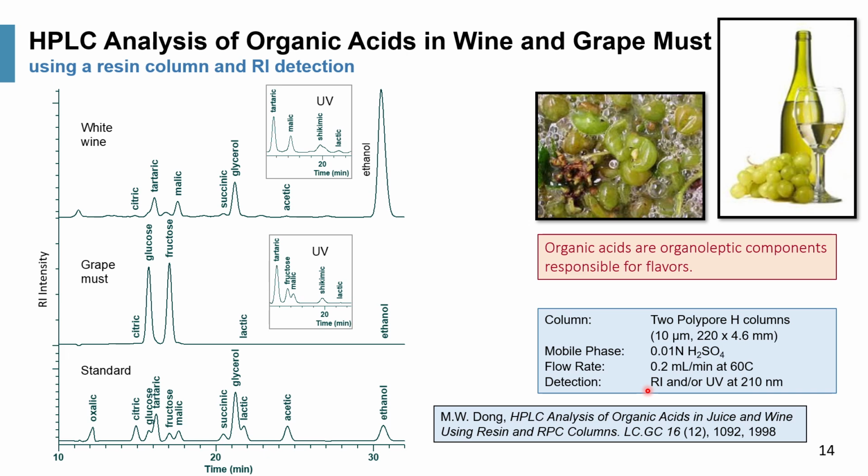Shown here is detection using a refractive index detector. And here's a sample of grape must, after harvest of the grapes before fermentation, and a white wine sample showing quantifiable levels of organic acids in white wines.